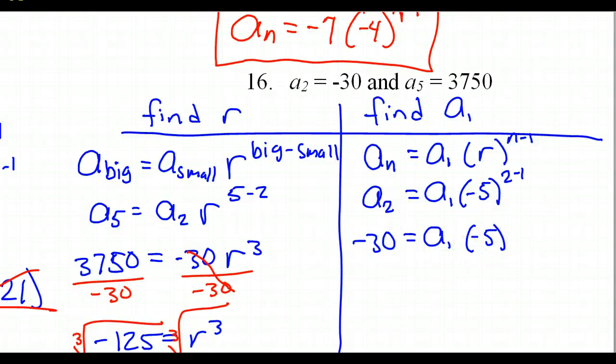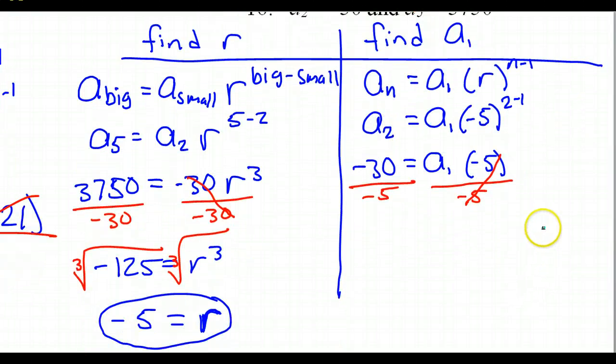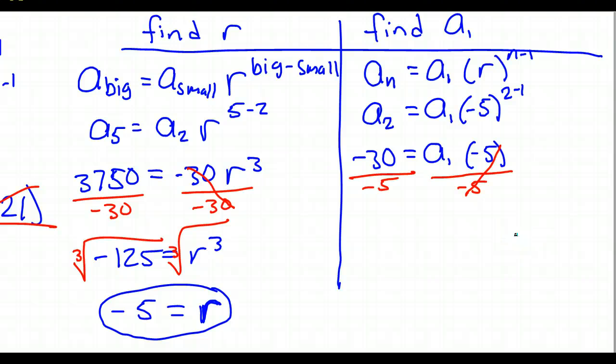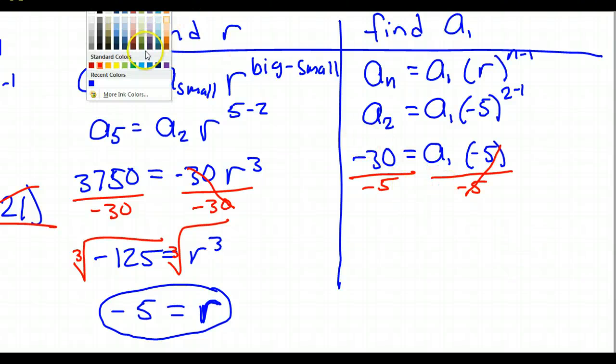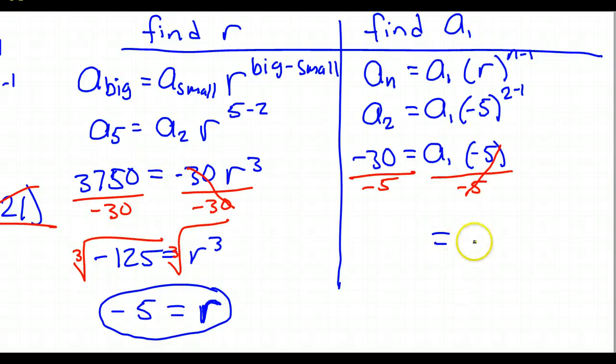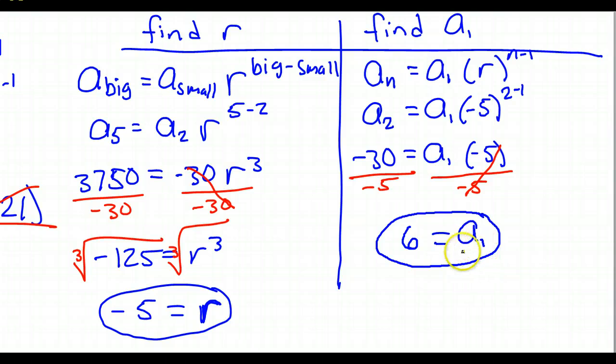So I just now need to divide by negative 5 to get a1 by itself. Okay, so that's just going to give me a1 is equal to positive 6. So that was the other thing I needed. I needed the a1 and the negative 5.